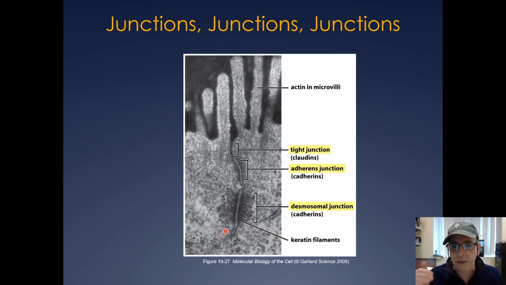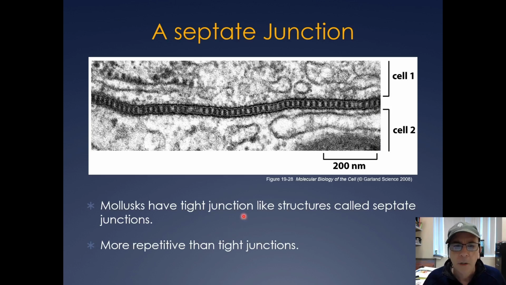So once again, tight junctions on top, adherens next, and the desmosomes under them. The tight junctions in mollusks and invertebrates actually form a septate junction, and this is just a really cool image. Nothing that you guys really need to know here, but it's just a pretty image. And it goes to show their repetitive nature.